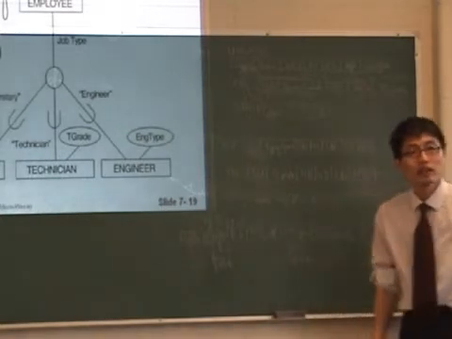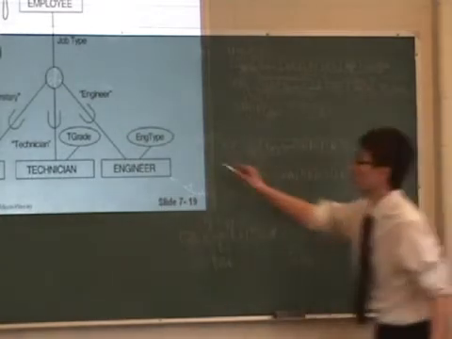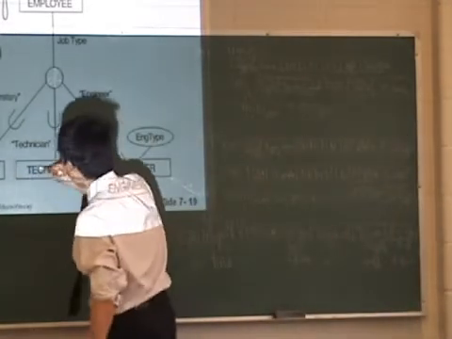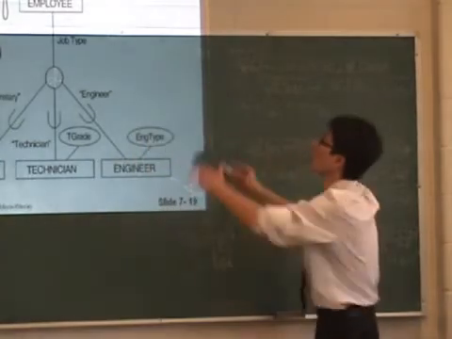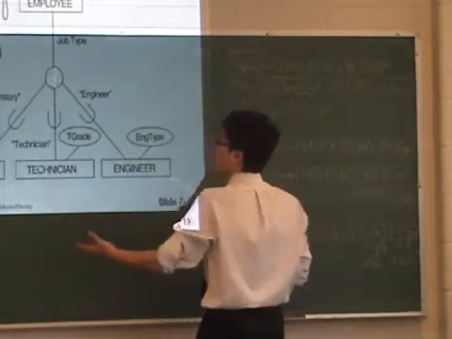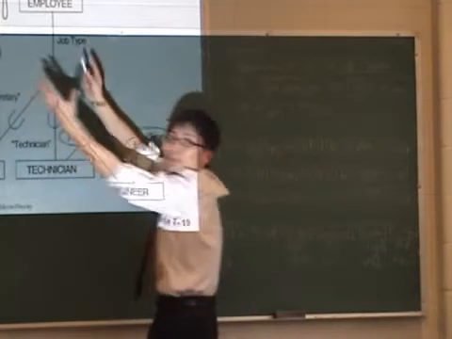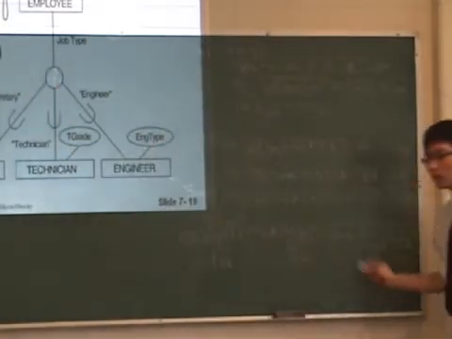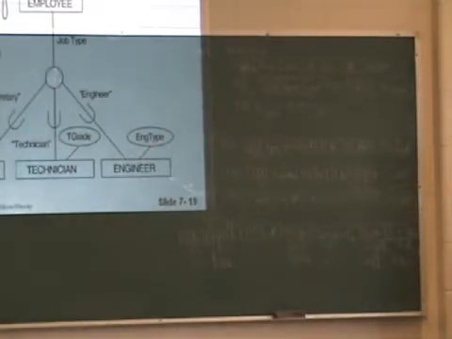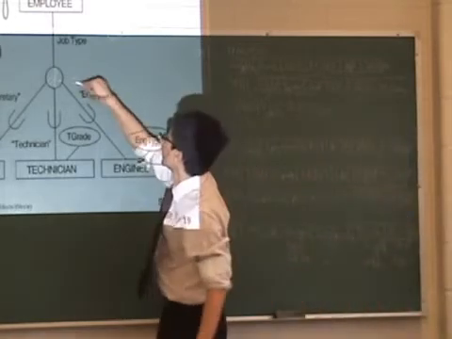Okay? When it is disjoint, one of them. Also, when most of the transactions access the employee, we can come up with one relation. Okay, this is the third option. Then you may be curious, what about overlap?